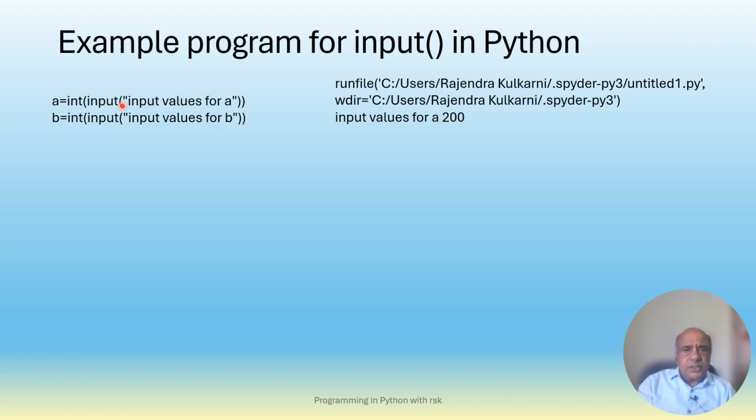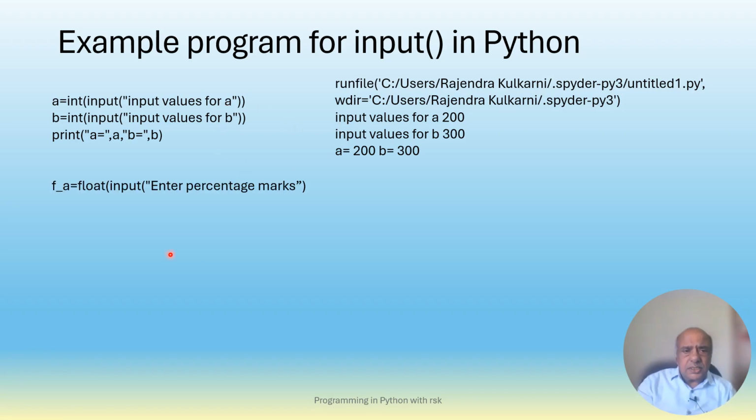When I executed this program, the prompt for the value of a appeared, so I entered 200 as a value. Then I entered 300 as a value for b, and this print statement displays the values assigned to these variables by the input function.